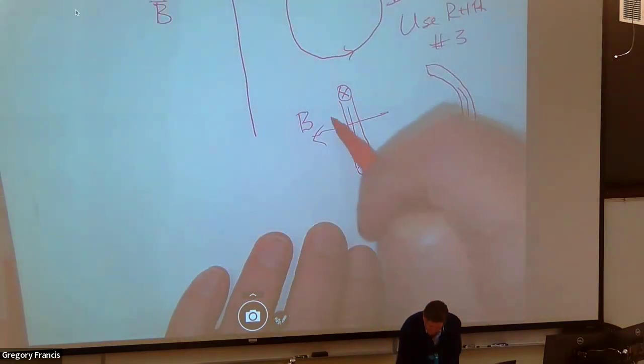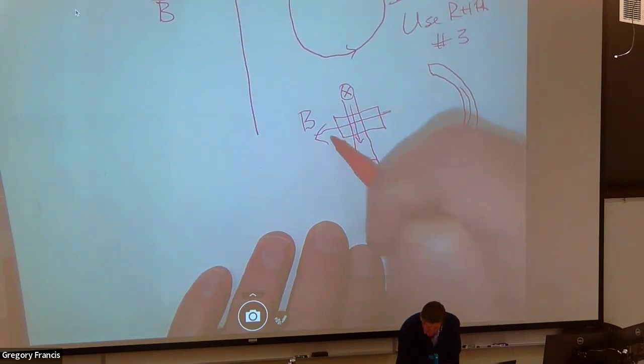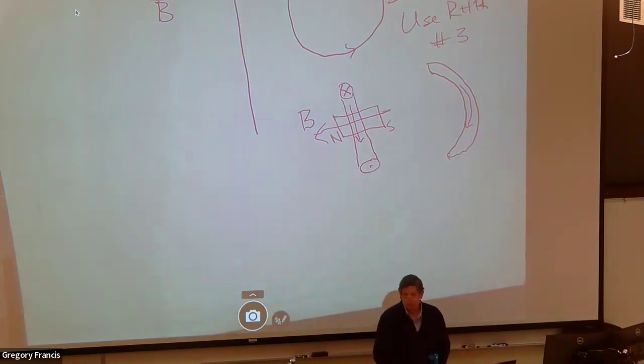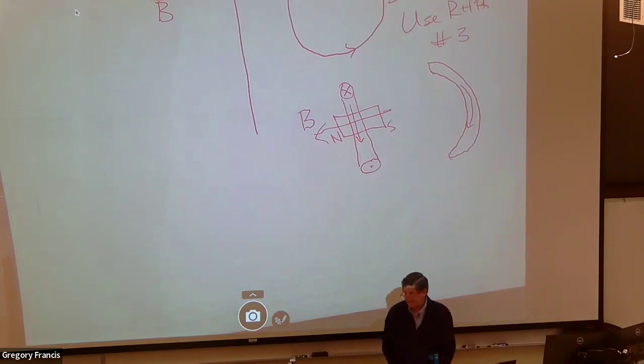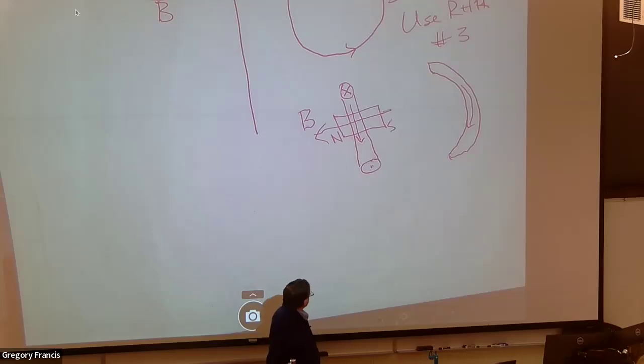So I can also use that right hand rule number 3 to tell me which side of that loop is the North Pole, if I were to replace it with a bar magnet. And that's what you should do whenever you have a problem that involves a current loop.